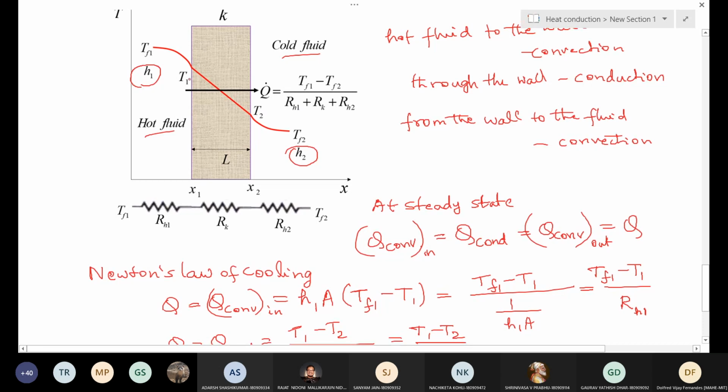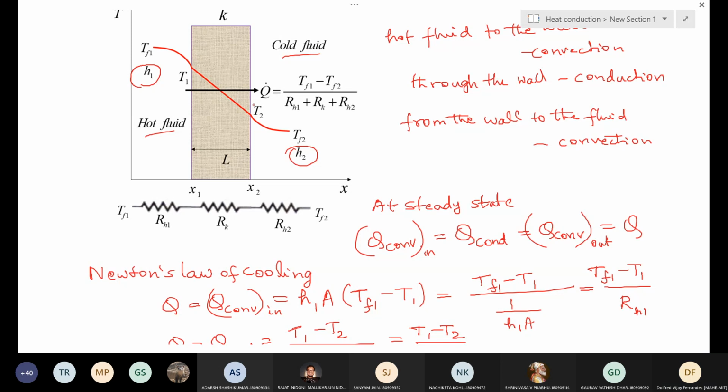So that means you don't have any heat transfer from the fluid to the wall. It will happen if you have complete insulation. Perfect insulation means there is no heat transfer through the wall, and you will have the wall temperature the same as the fluid temperature.